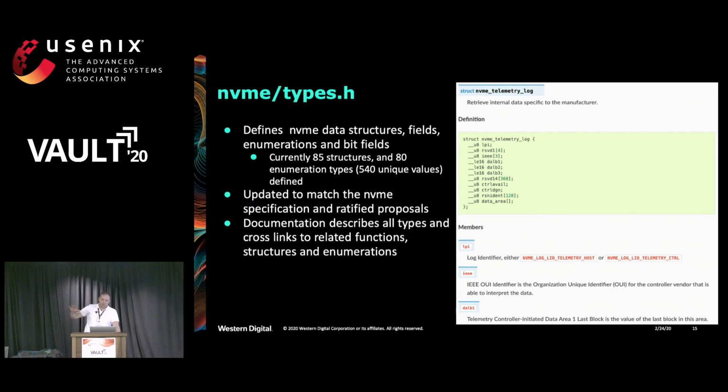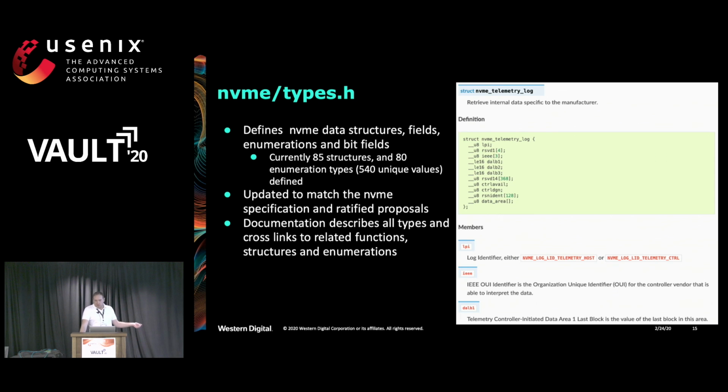At the lowest level of this API, we have the NVM types. This is where we're going to define everything the spec provides. So all the enumerated types, all of our structures, bit fields, masks, all that stuff, this is all defined here. It's way too much to really go into everything, so I'm just going to latch onto the NVMe telemetry log to drive this narrative. But this actually applies to pretty much all the types that NVMe defines.